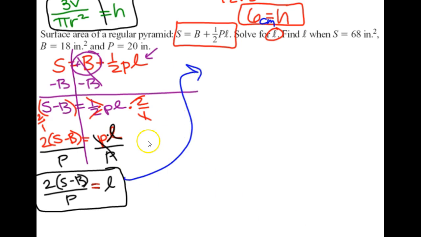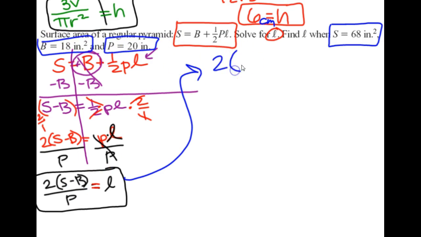Now we're going to take this and we are going to plug in what we know. We know S is 68, B is 18, and P is 20. So it says 2 times S, and S is 68, minus B, which is 18, all divided by P, which is 20. That will give us L, the length.